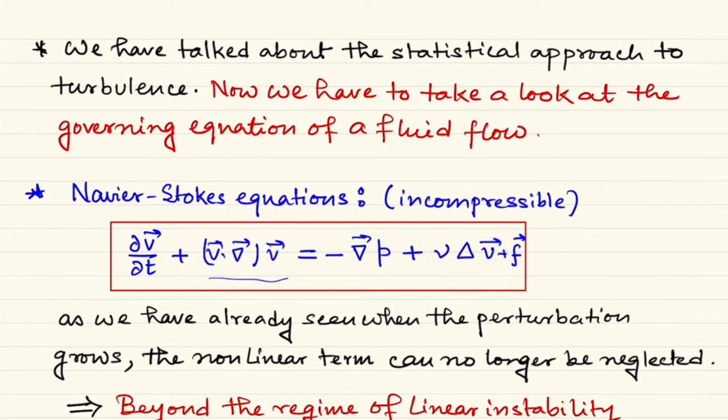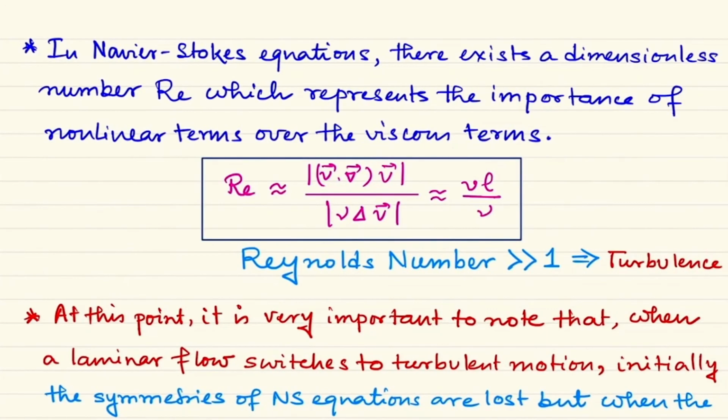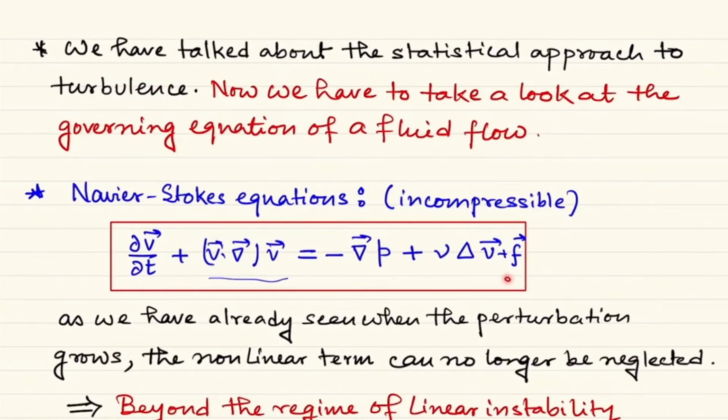That's it. So when this part is balanced by this part, we can simply say that the energy injection rate should be exactly equal to the energy flux rate by the nonlinear cascade.